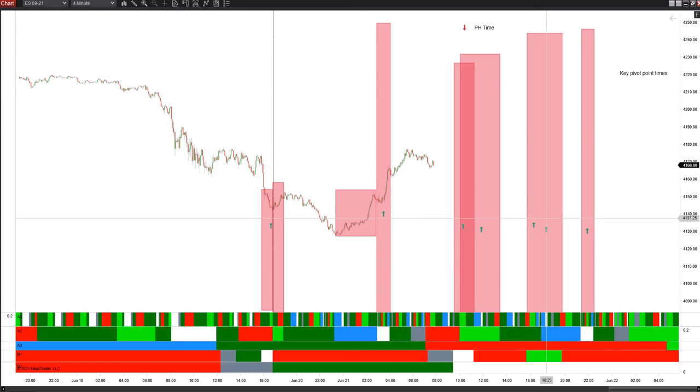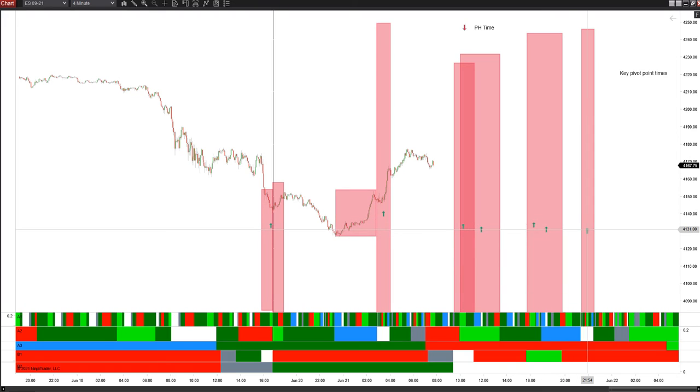This is the time of day where it's sort of dead. We can't put too much weight on this time period, so I'm not going to really be too excited about looking for a trade in that bracket. We kind of stay away from the 4:15 to 6:30-ish area here on the overnight.